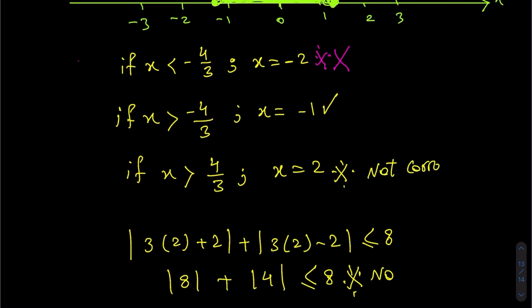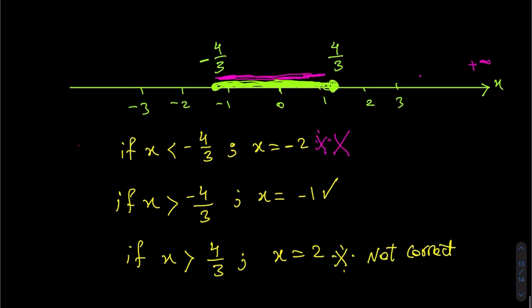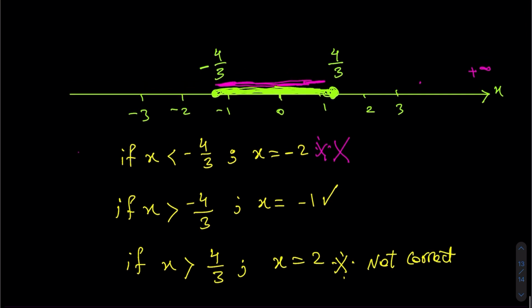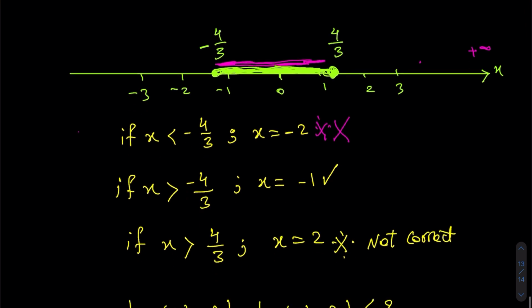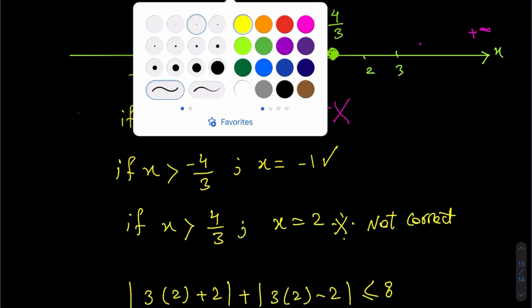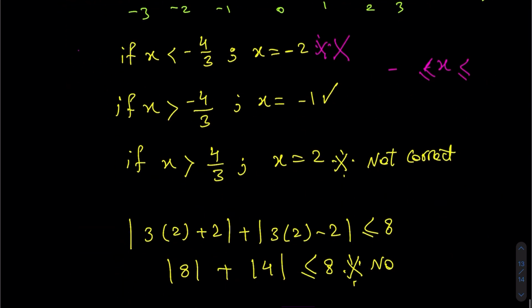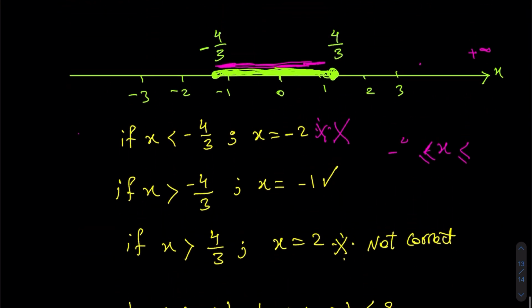So the answer is only the values which are between these two critical values. Therefore, at the end, I will write my answer that x is greater than or equal to negative 4 over 3 and less than or equal to positive 4 over 3.